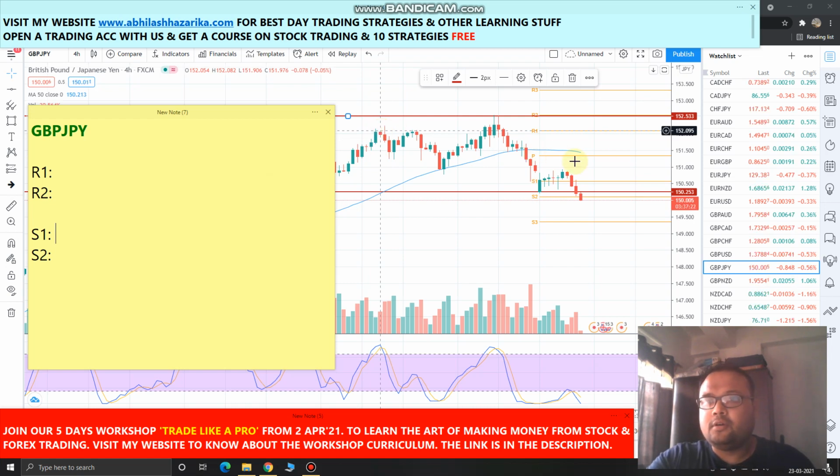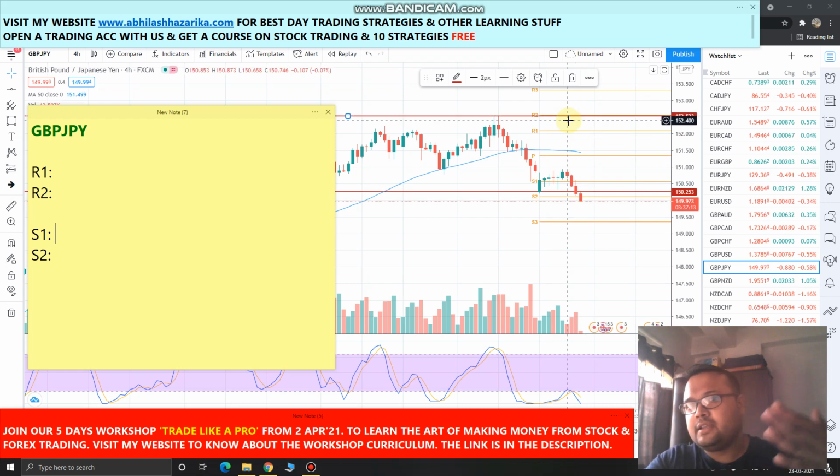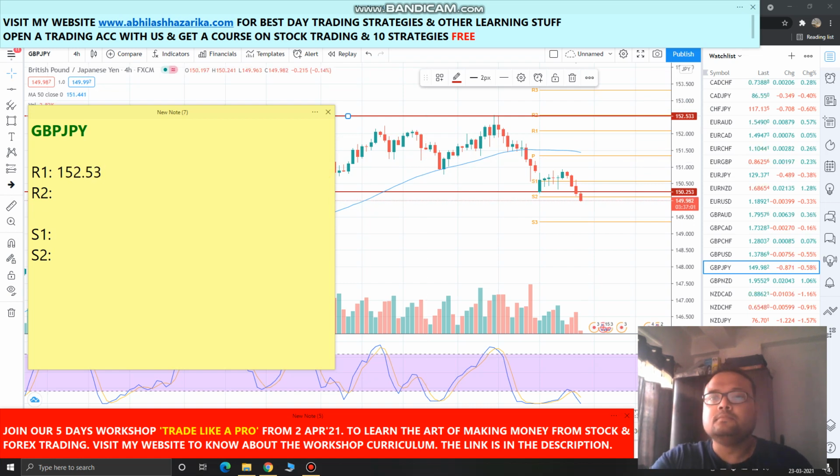The only thing that is clear right now is that if market goes up to the 152.53 level, this level, and if it gives us some reversal sign, or price rejection from below, then we can short the market at 152.53 level. But otherwise nothing is clear.